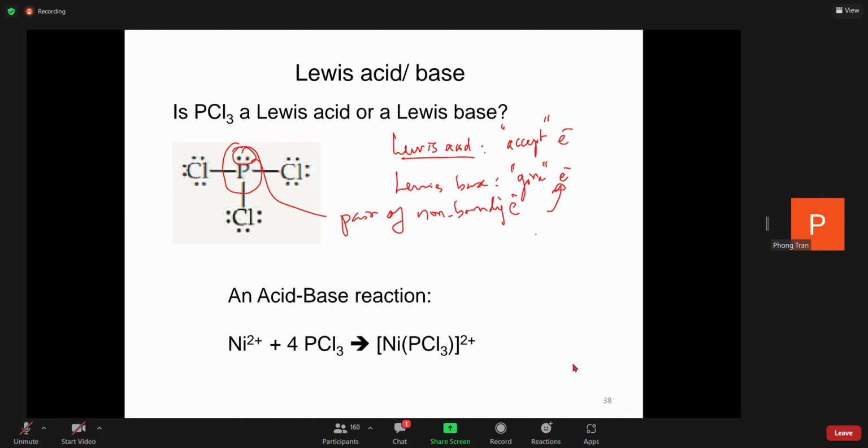So that's why this PCl3 works like a Lewis base. So if you react PCl3 with nickel 2 plus, you can get this compound. This is a typical acid-base reaction between PCl3, a Lewis base, and nickel 2 plus, a Lewis acid. Okay?